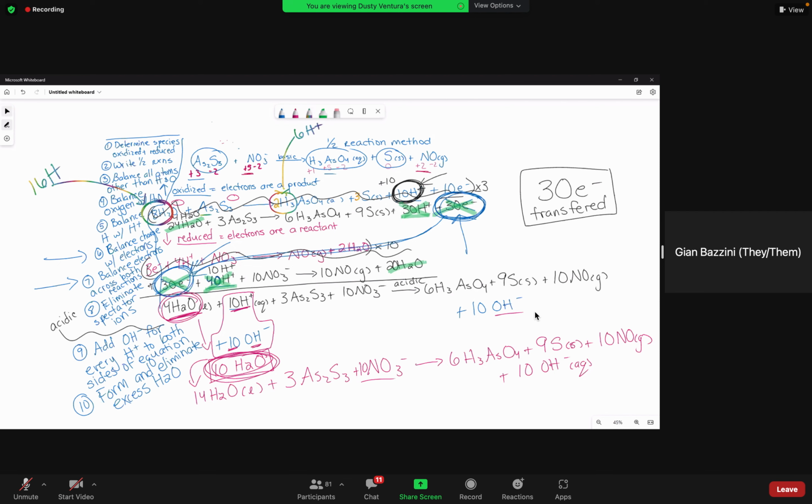The 8 oxygen on the 8 waters on the left is to balance the oxygen on the right.